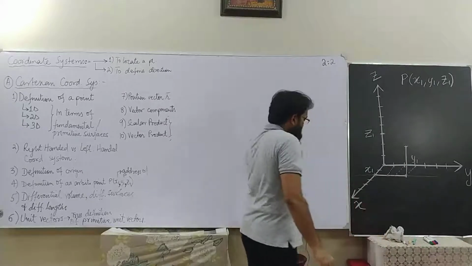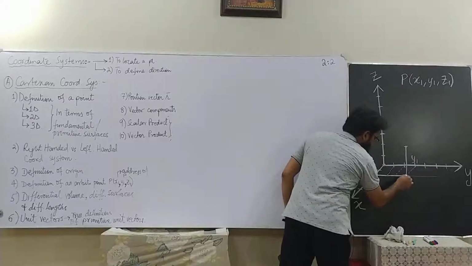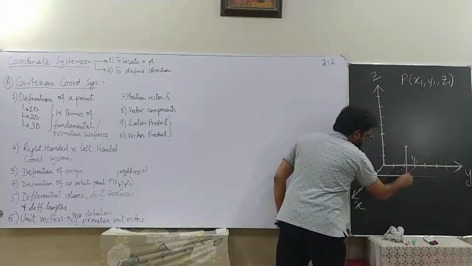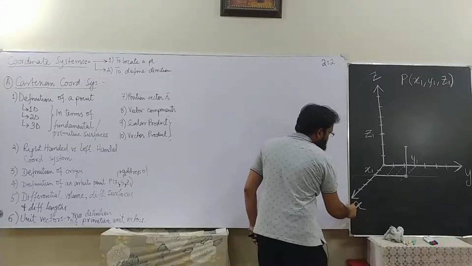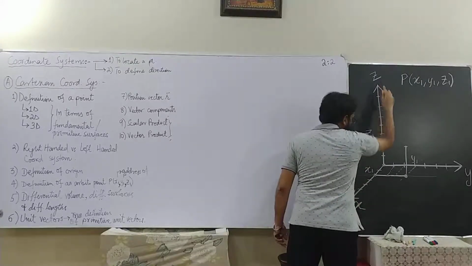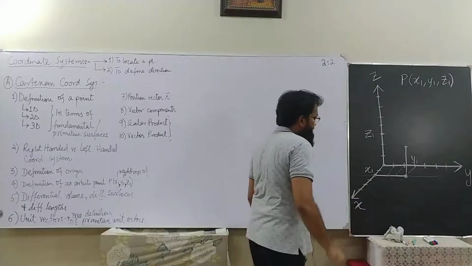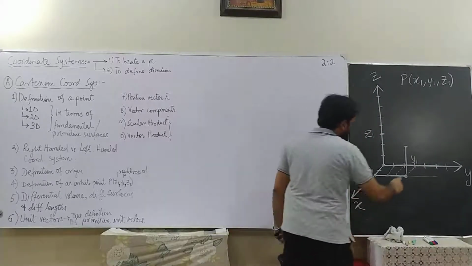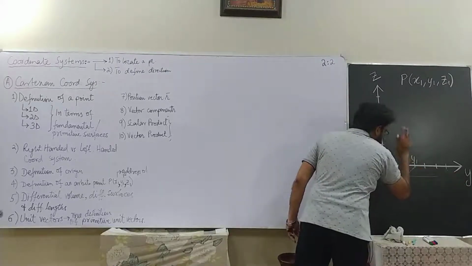Okay, so again you should know that when you reach this point, there would be an infinite plane which will be parallel to the x and z axes, and that will be intersecting the y-axis at y1. Yeah, that will be intersecting the y-axis at y1.